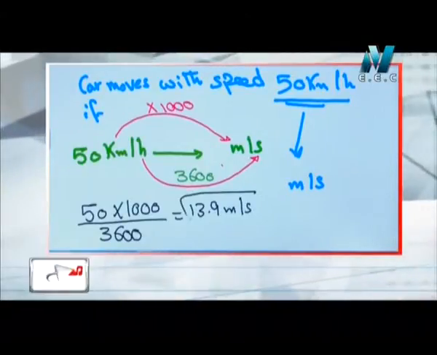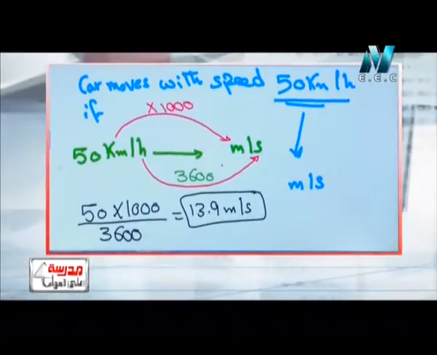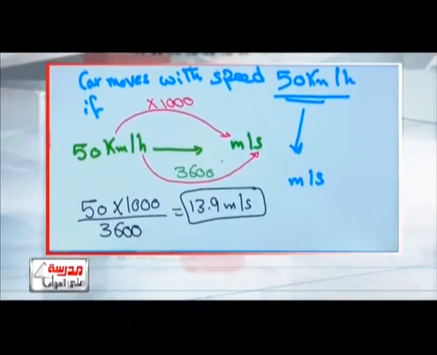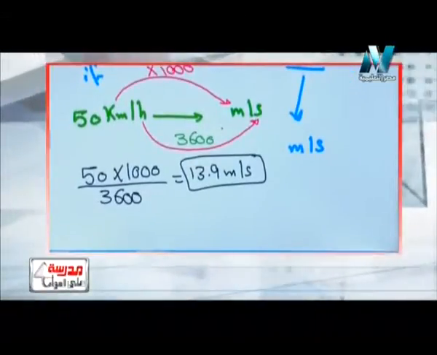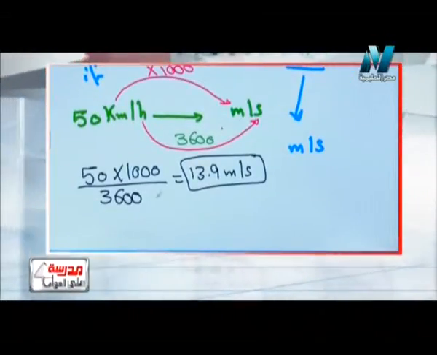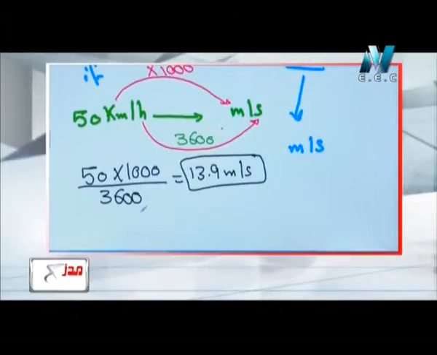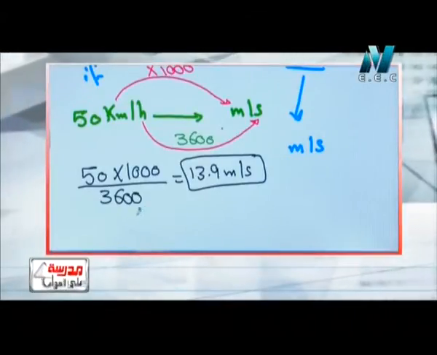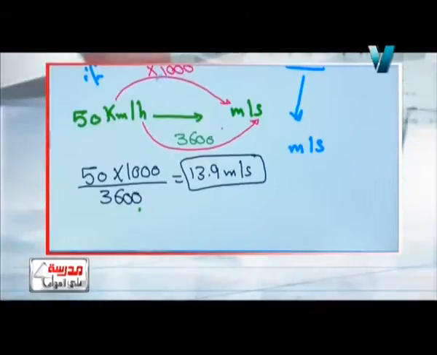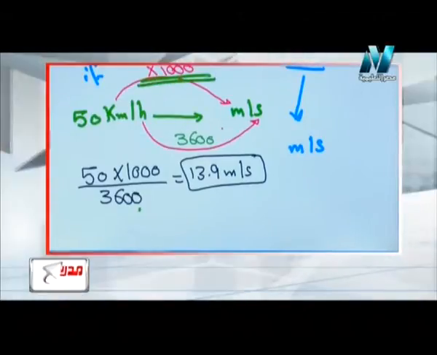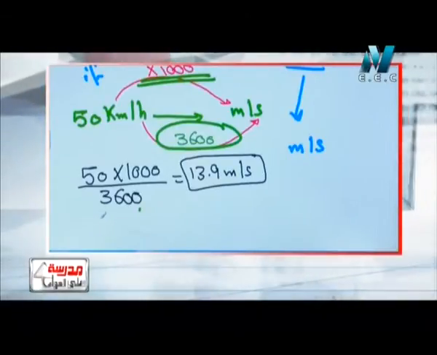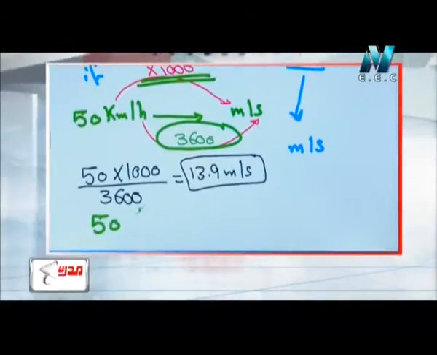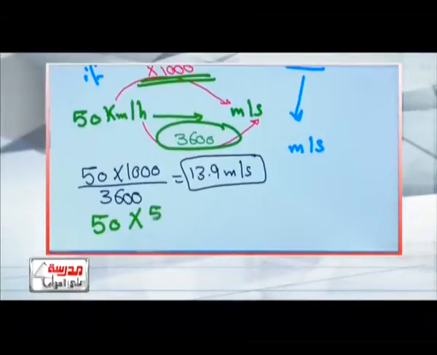Some students may use another concept here, another way to change from kilometer per hour into meter per second. We can use another simplified equation or constant number. Instead of multiplying 1000 over 3600, we can multiply 50 times 5 over 18.